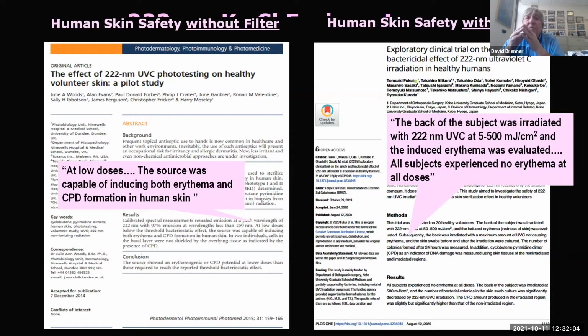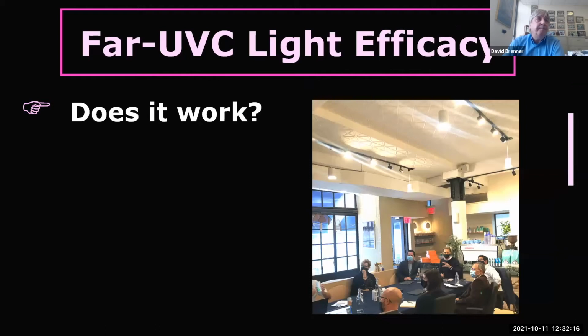So these lamps have to be used with filters as they stand. And essentially all the manufacturers that are making these lamps are making them with filters. So with that proviso that you do need a filter to get rid of these high wavelength components, there's a lot of evidence from a variety of sources that they are safe for human exposure.